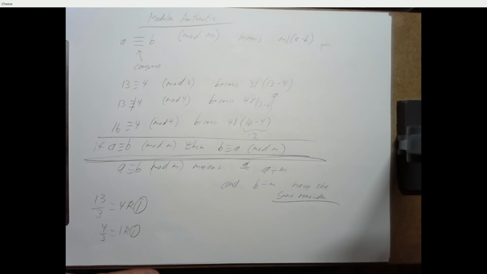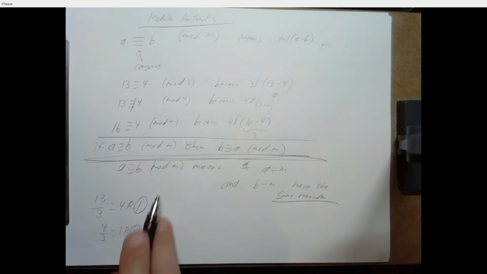Alright, so why are we doing this? Well, that's the topic of the next video, which is why modular arithmetic is useful. But basically, the idea is there's an infinite number of integers, we know that. But sometimes, if we work modulo some number, we can prove things about the whole set of integers by only looking at integers modulo some number m.